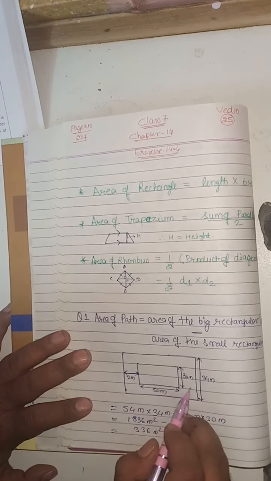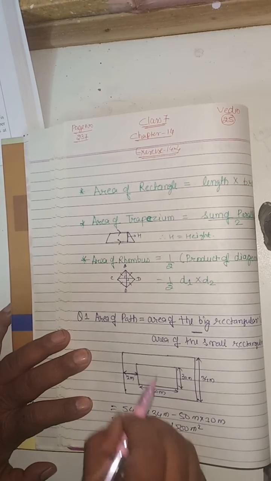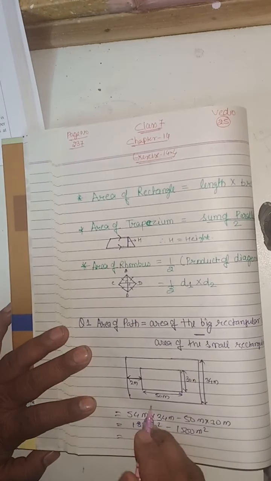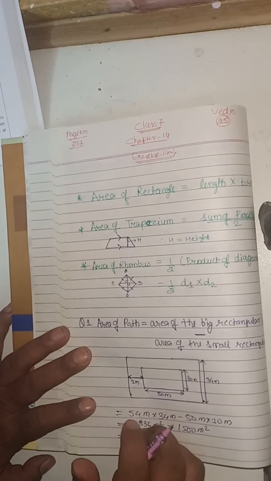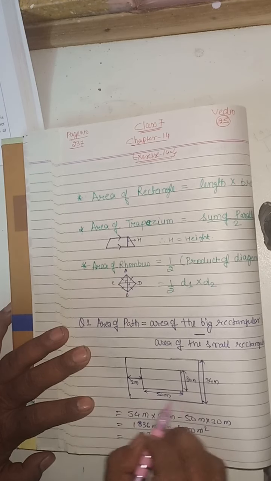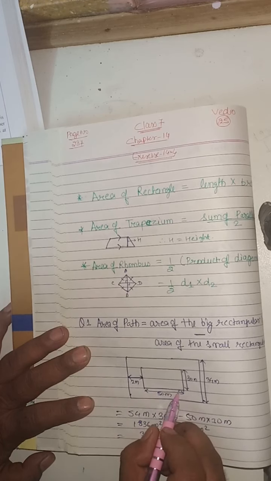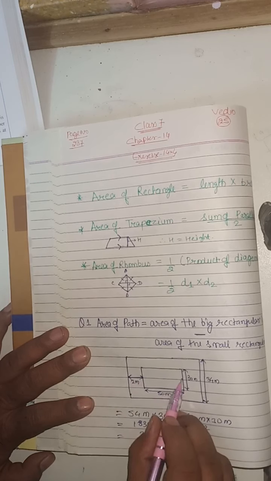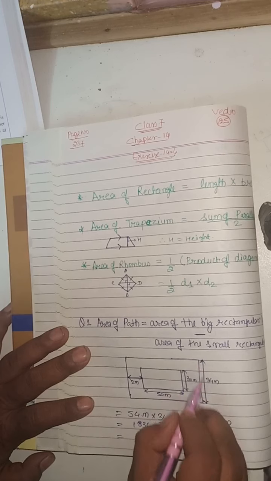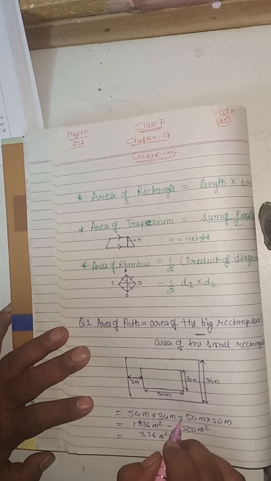Area of the bigger rectangle is equal to, what is the formula for the area of a rectangle? Length into breadth. What is the length of the bigger rectangle? The smaller is 50, then 50 plus 2 on this side and 2 on this side, so it will be 54. 54 multiplied by the breadth, which is 34.